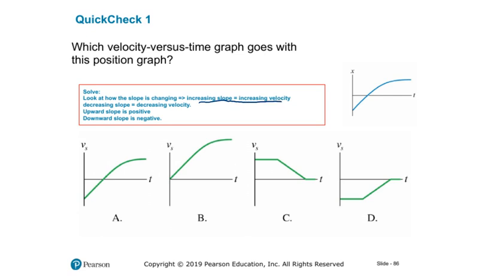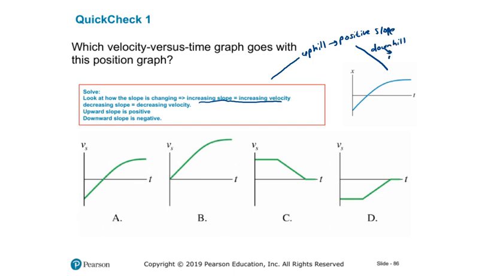Look at which velocity versus time graph goes with the position graph. To solve this, we look at, of course, slope and how the slope is changing. Increase in slope means increase in velocity. Decrease in slope means decrease in velocity, and so on. If we have an uphill slope, uphill is positive, right?